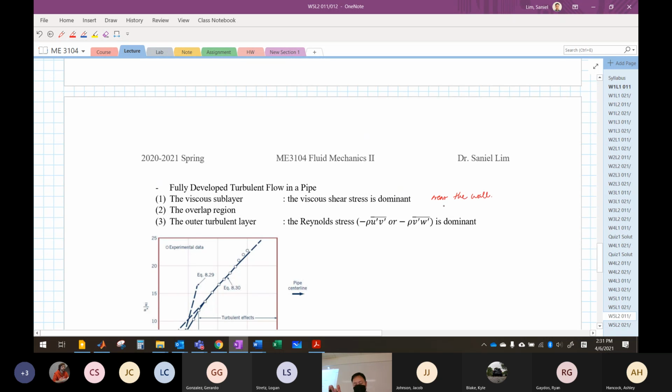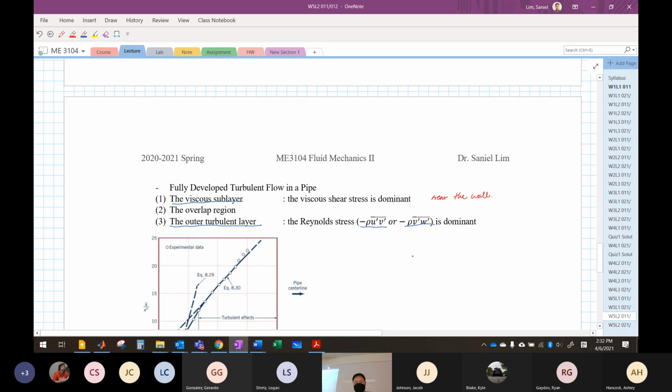And we have an overlap region. It's better to explain it as the mixing between the viscous sublayer and the outer turbulent layer. So another layer is going to be the outer turbulent layer. Here now we have the Reynolds stress, which we call minus rho U prime V prime, or V prime W prime, and it is now dominant.